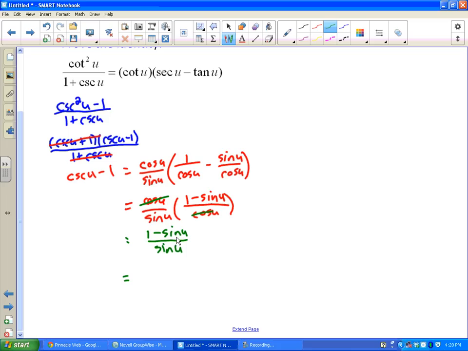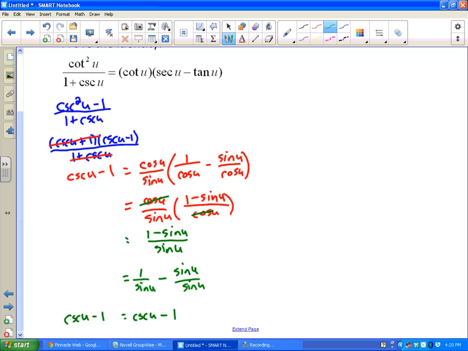If I have 1 minus sine u over sine u, I can rewrite that as 1 over sine u minus sine u over sine u. Basically, this is really two fractions, and I split it up. The reason I would do that is because 1 over sine is cosecant and sine over sine is 1, and ta-da, I just got my sides to match up.